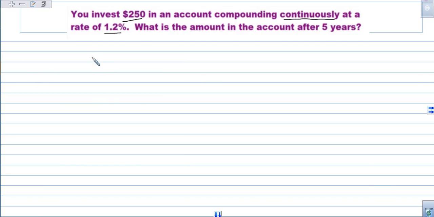Okay, and so we go A equals 250 e to the 0.012 times 5.